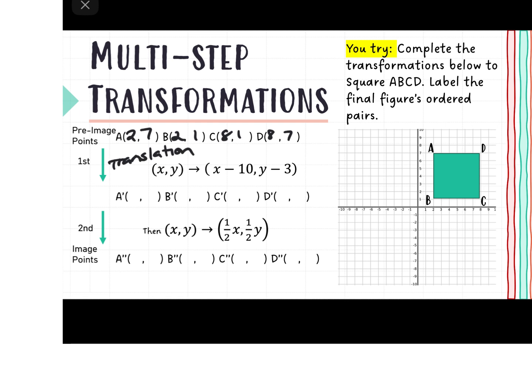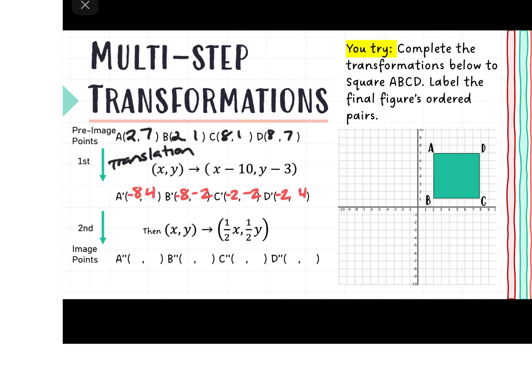Okay, here we go. 2 minus 10 is -8, and 7 minus 3 is 4. 2 minus 10 is -8, 1 minus 3 is -2. 8 minus 10 is -2, and 1 minus 3 is -2. And 8 minus 10 is -2, and 7 minus 3 is 4.